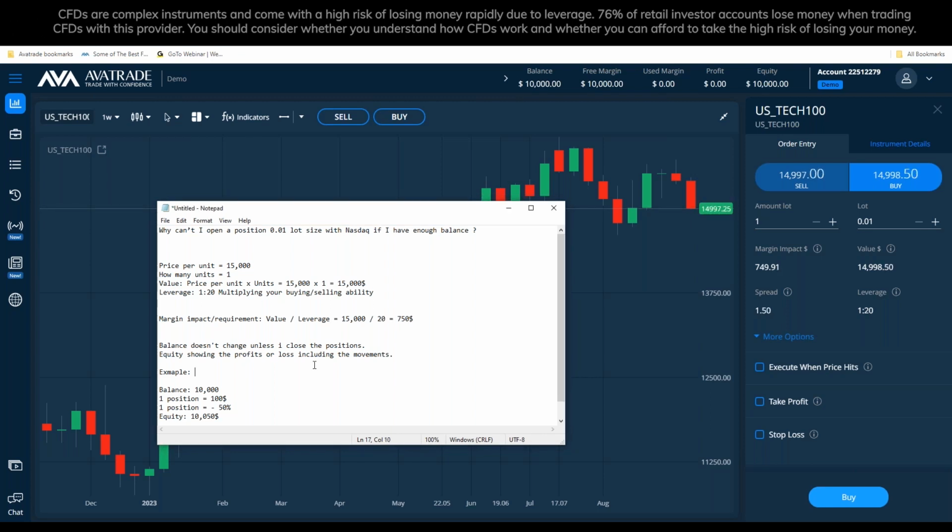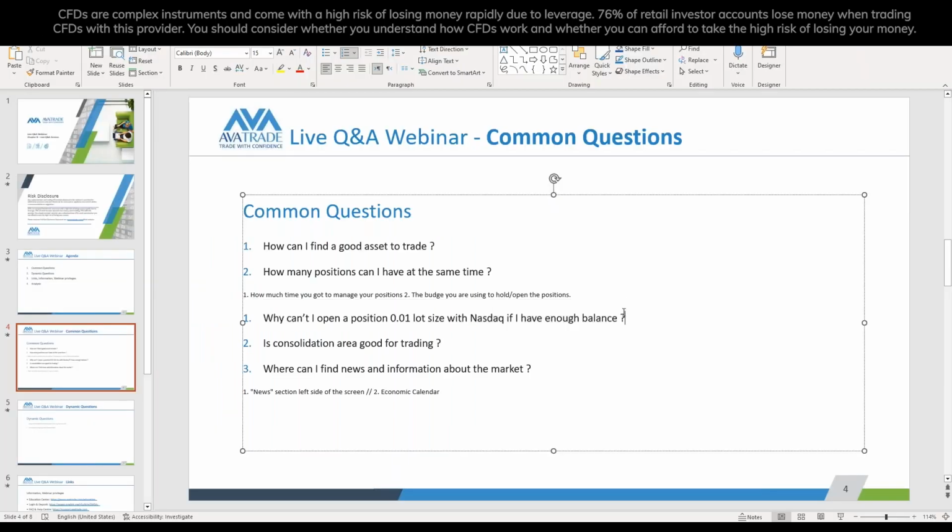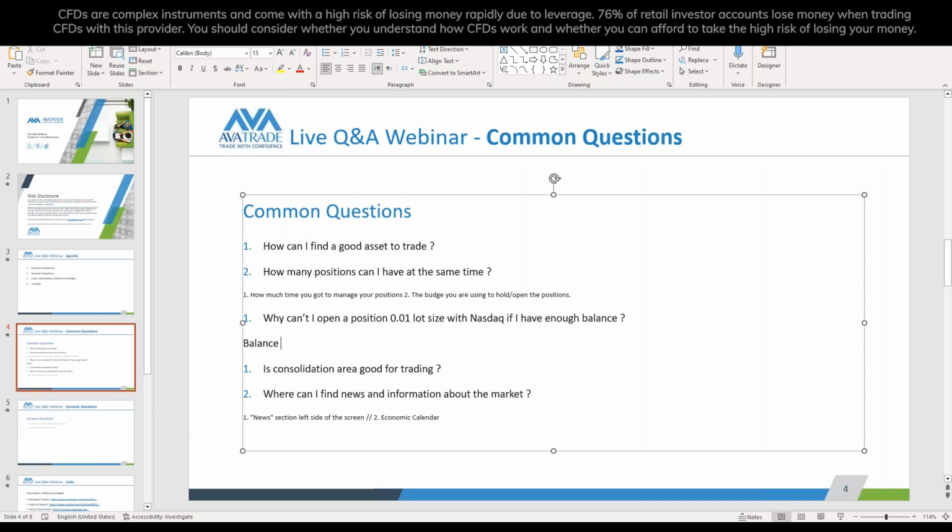Excellent. Then let's proceed. So the balance doesn't determine whether you can open a position or not.